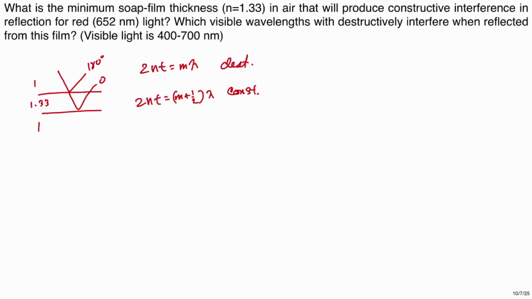Because the second one says change the second ray by 180. If we added 180, we would have 180 and 180, it would be constructive. But we've already identified which one's the destructive, so the other one has to be the opposite. There's only two choices. You do that the same for every problem.